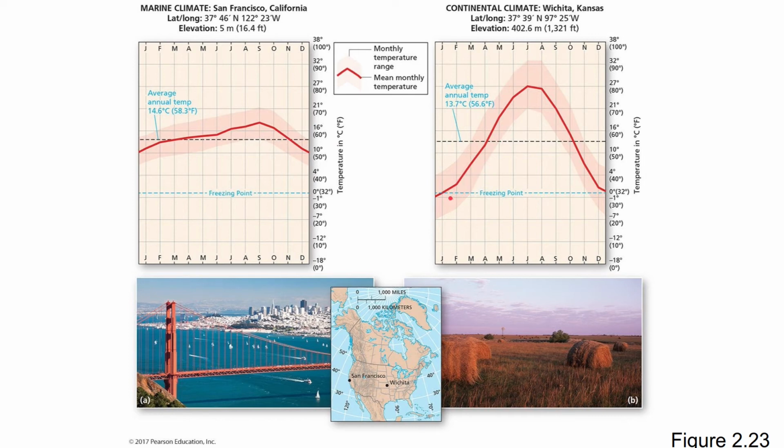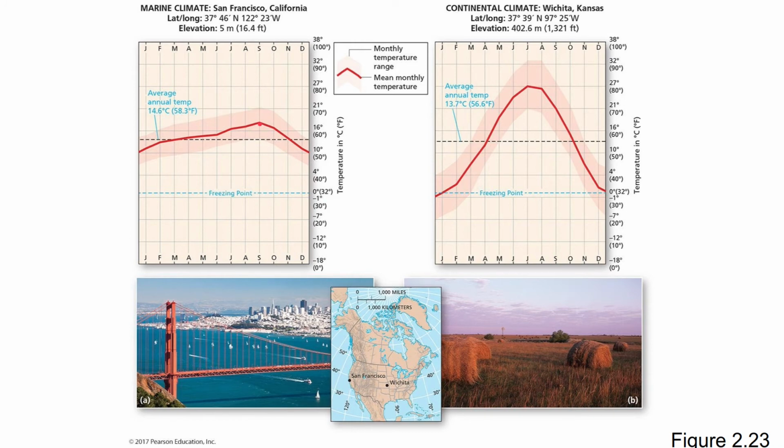So almost a 48 degree range, 48 Fahrenheit. The average temperature is about the same, 14.6, 13.7, but you can see San Francisco has a very small range, and Wichita, Kansas, is well below freezing in January, and in the 80s in the summer.